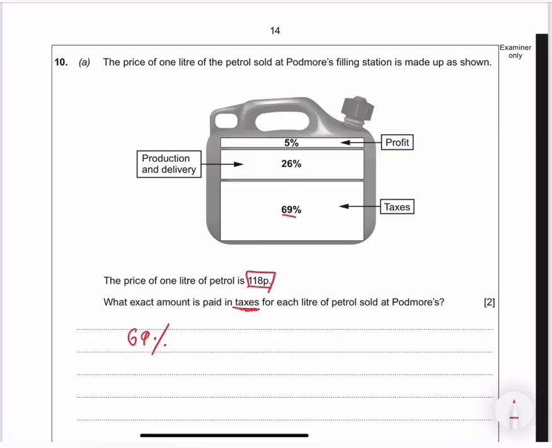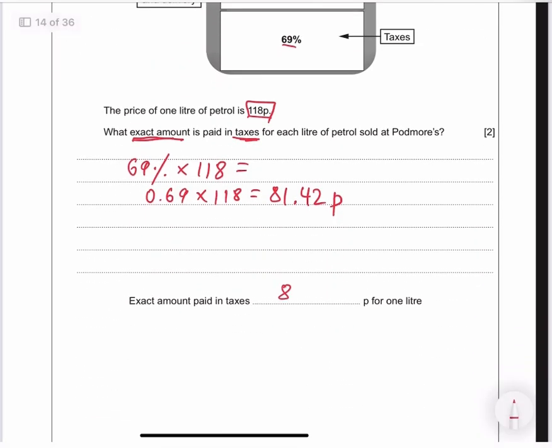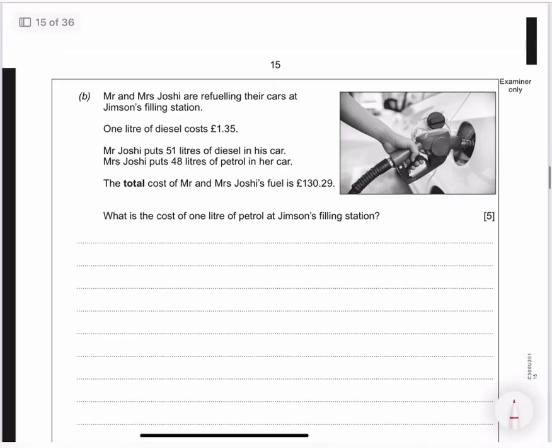So taxes are 69%, so we're finding 69% of 118 pence. On a calculator exam, multiply by 118. You can change the percentage into a decimal, 0.69 times 118, or just use the percentage sign. The answer in any case will be 81.42 pence. Don't round your answer, keep the exact number you see on the calculator.